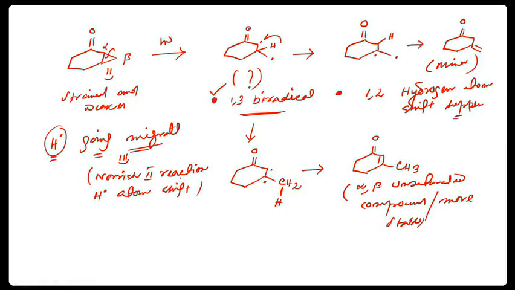Another thing we have to remember here: this is one C alpha, C beta bond. There is another C alpha, C beta bond. This one. If this one cleaves, then what will we have? We will have these things. So look, this has cleaved. Now the new ring members are 1, 2, 3, 4, 5, 6, 7. A 7-member ring is formed.